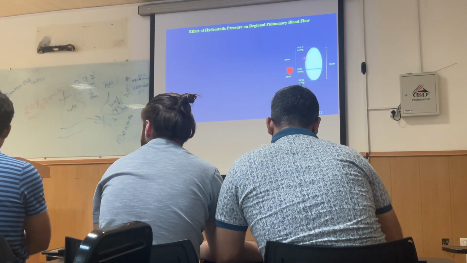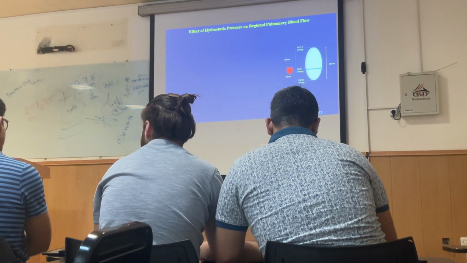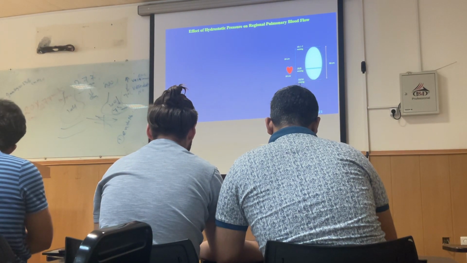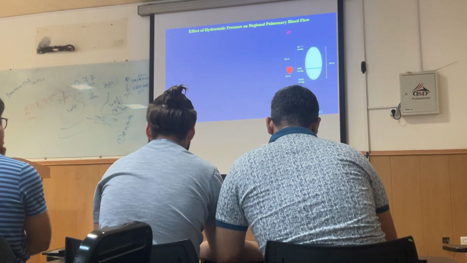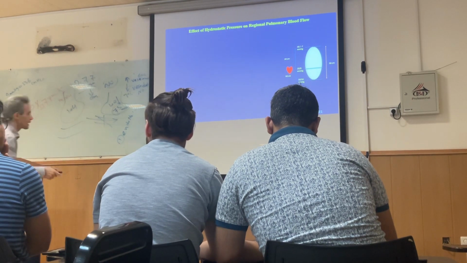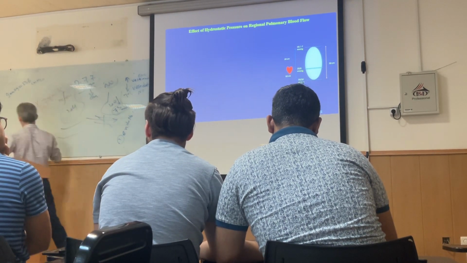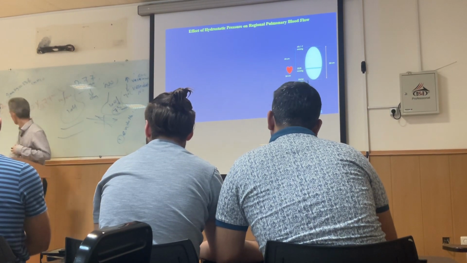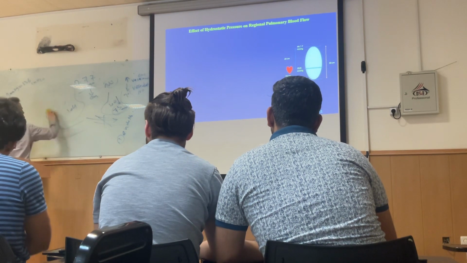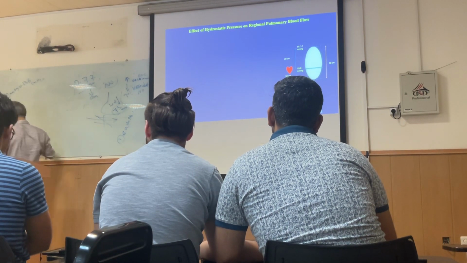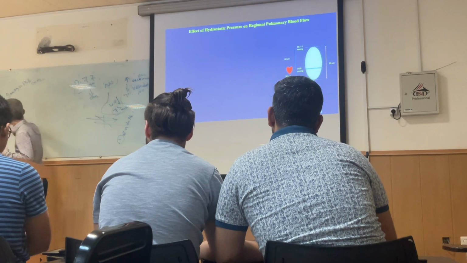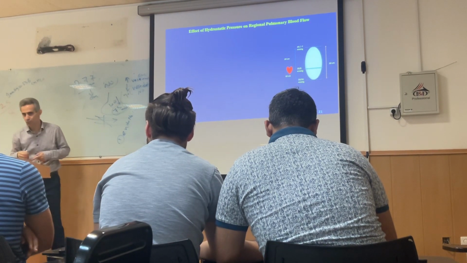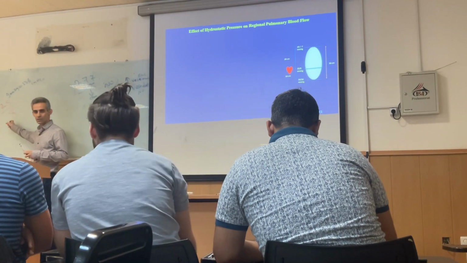So when I want to calculate the systolic pressure at the top of the lung, I should decrease 15 millimeters of mercury from systolic. At the level of the heart, the systolic pressure is 25 and diastolic is 8.